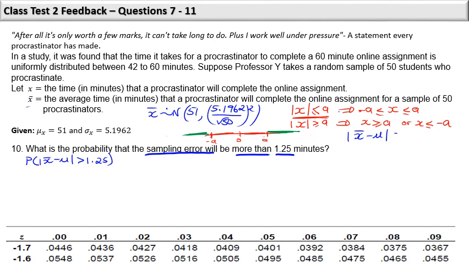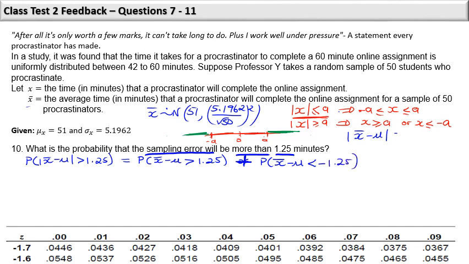Now, coming to answer this question, to remove the absolute value, the probability statement simplifies to the probability that x bar minus mu is greater than 1.25, plus the probability that x bar minus mu is less than negative 1.25.